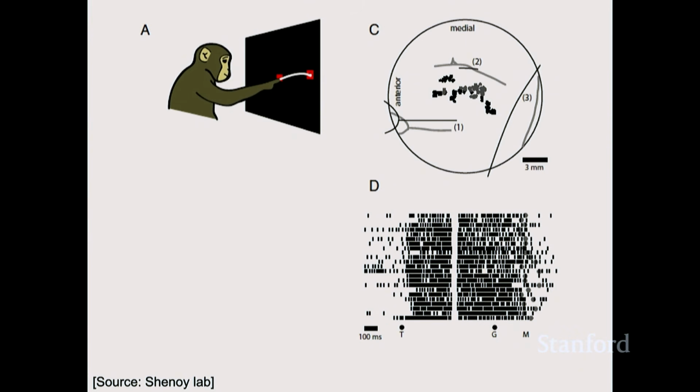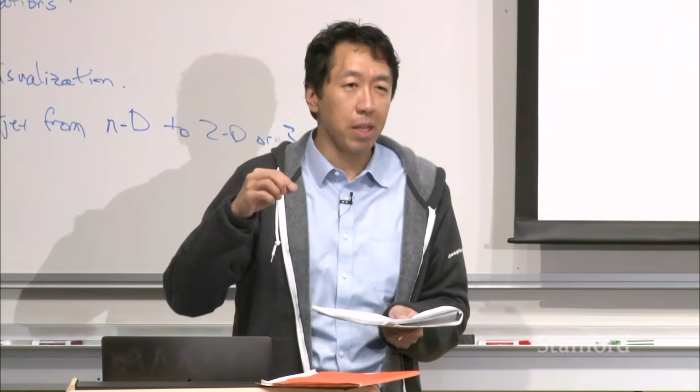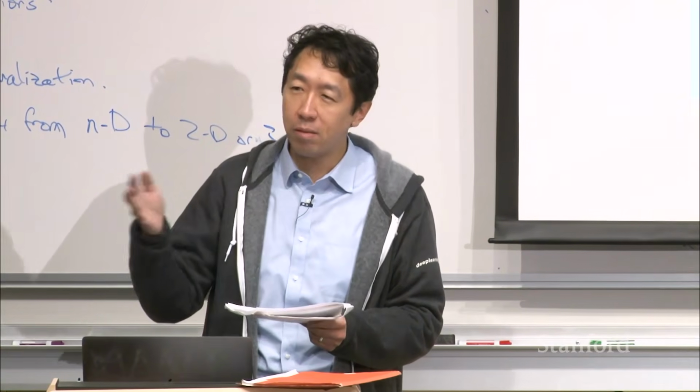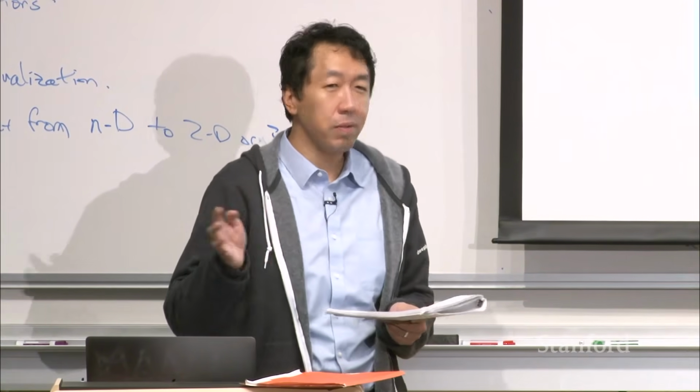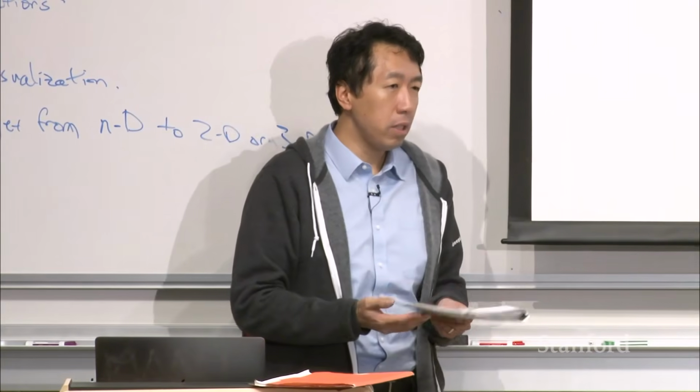So what his lab did was measure a lot of electric impulses in the monkey's brain. If you have 50 electrodes, then you get this 50-dimensional time series. So you measure the amount of electricity in, let's say, 50 different points in the monkey's brain, and you have this 50-dimensional data, which is very hard to visualize because you can't plot data in 50D.